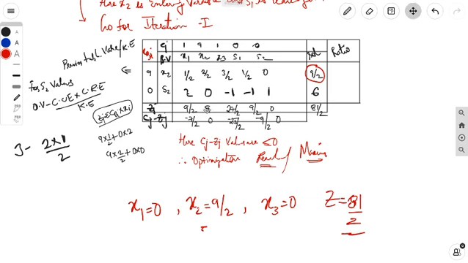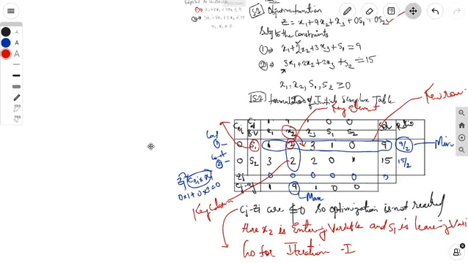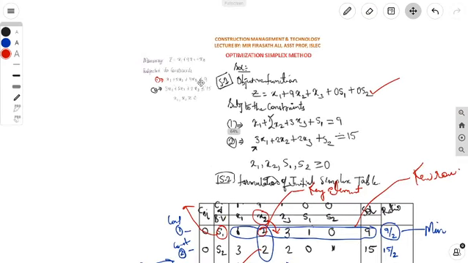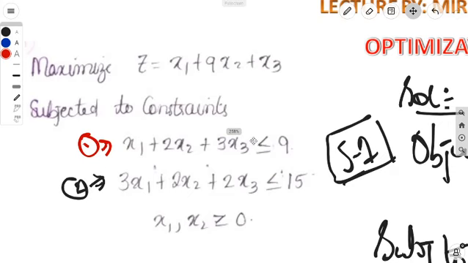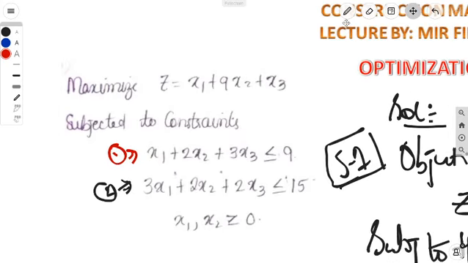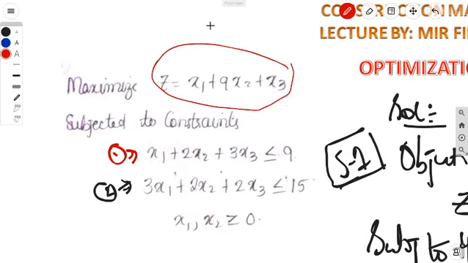So for this given question, we have gone for the maxima value. To maximize this equation, x1 should be equal to 0, x2 should be equal to 9 by 2, and x3 should be equal to 0.